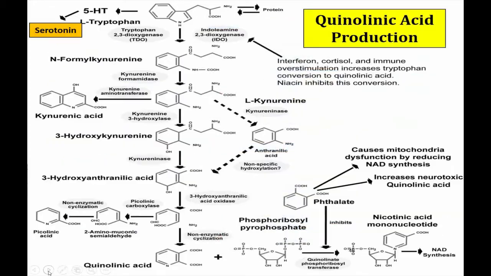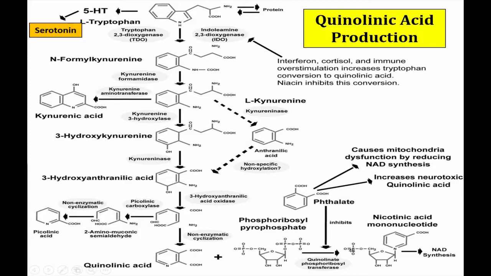So when you find an elevated level of quinolinic acid, you want to start looking back and saying, okay, does this person have a yeast issue? Do they have a bacterial problem? What kind of life stressors are happening in their life? Is there possibly a viral infection? What else could be going on that could be causing the immune system to be hyperactive, that's triggering the quinolinic acid levels to be elevated?